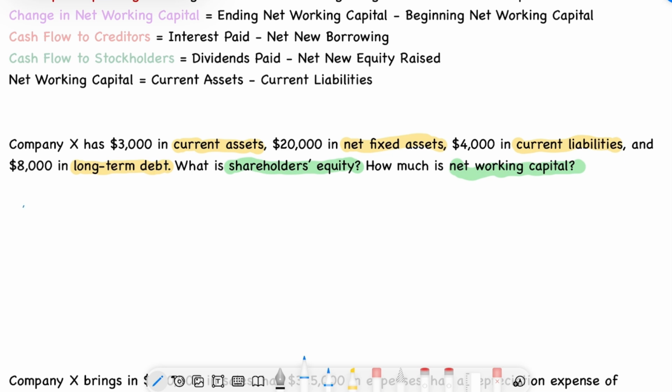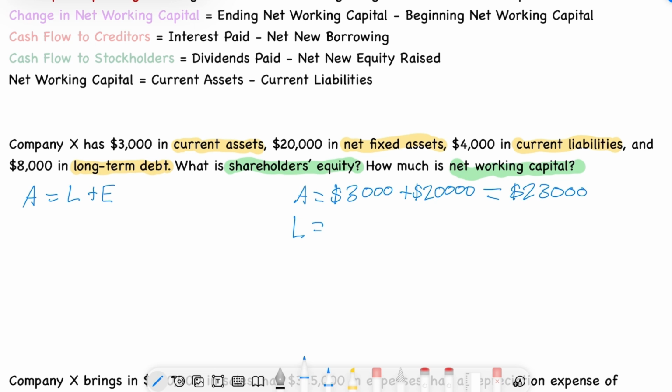We know that assets equals liabilities plus equity. We want to figure out our total assets that we're given. So we have $3,000 in current assets plus $20,000 in fixed assets. So we're going to have $23,000 in total assets. Let's look at our liabilities.